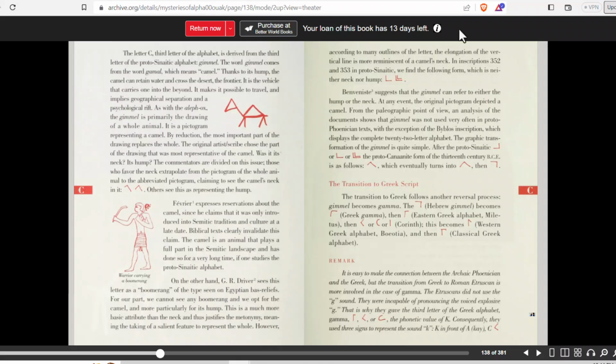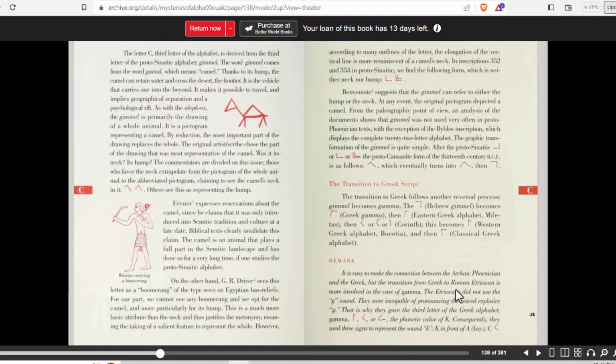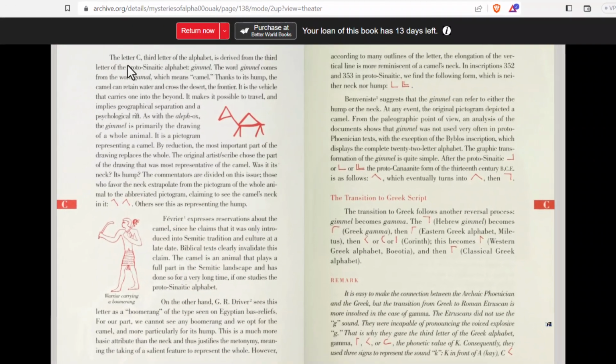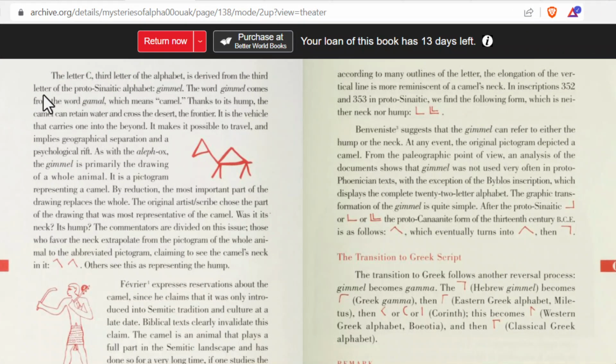Let us read pages 138 through 140 of Mysteries of the Alphabet to learn more about the letter C. So this is page 138 of Mysteries of the Alphabet. The letter C is derived from the third letter of the Proto-Sinaitic alphabet, Gimel.